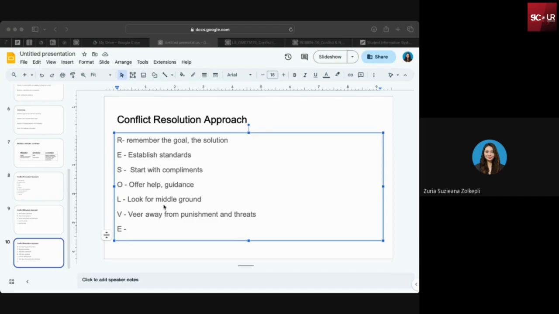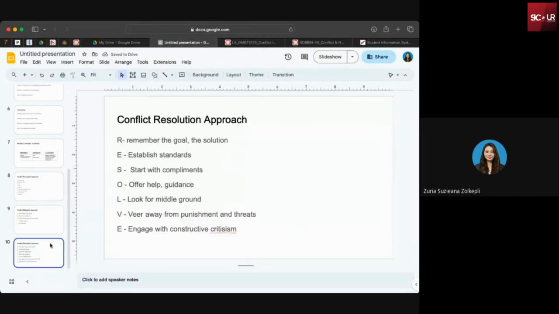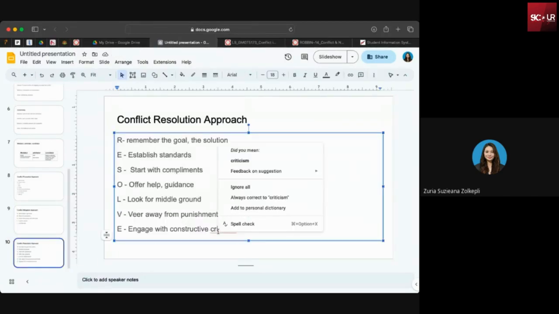Okay. Next, lastly, okay, before we end our class, lastly is again engage with constructive feedback ataupun criticism. Ini je, criticism. You have to, okay, we have to involve criticism.